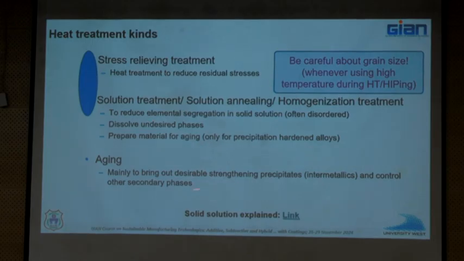That is the purpose of your solution treatment. Then the aging depends upon the material, but the intent is to ensure that all these strengthening precipitates appear through suitable heat treatment, so that your mechanical properties are improved.